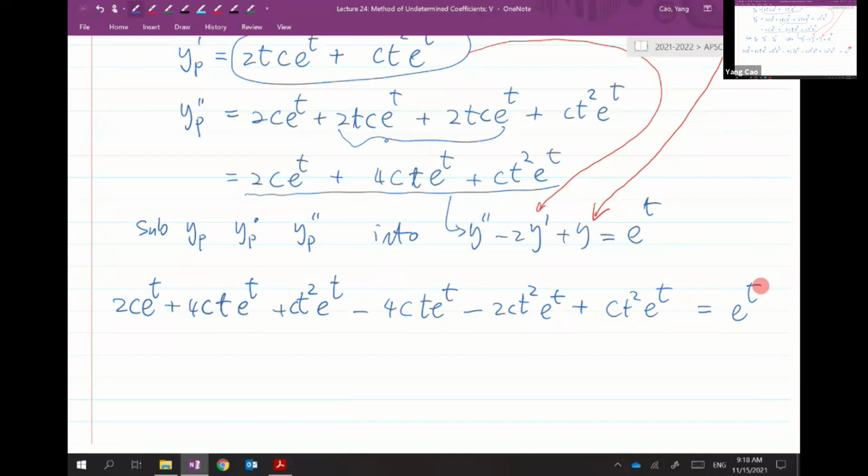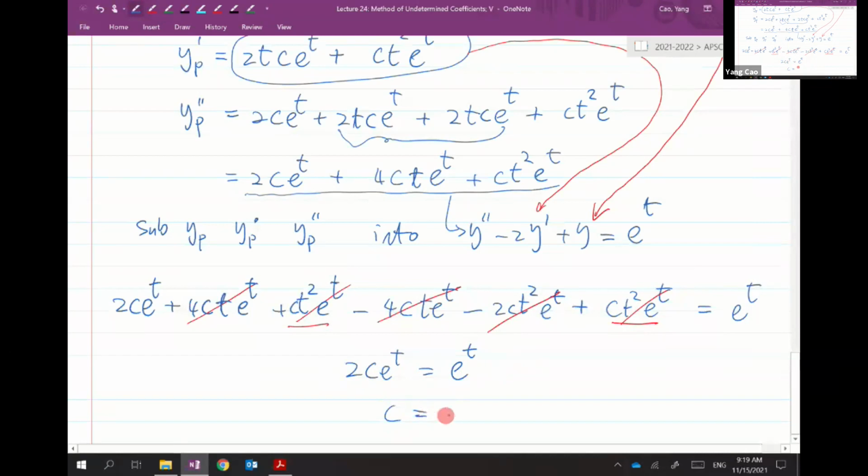Okay, so far so good. Let's see what we can do to cancel. This cancels this, and this plus this will cancel that. And then you get 2c e to the power t equal to e to the power t. So that's pretty obvious, your c equal to 1/2.